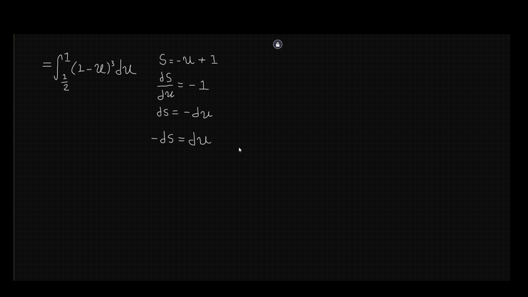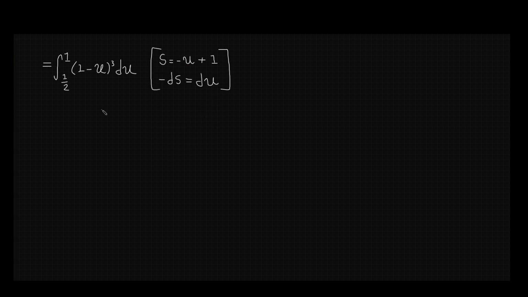But first, we have to evaluate our new limits of integration by plugging the upper and lower bounds into s equals 1 minus u. After that, we can do substitution. Now we're going to evaluate our new bounds. We're going to evaluate the new lower bound via s equals negative u plus 1.